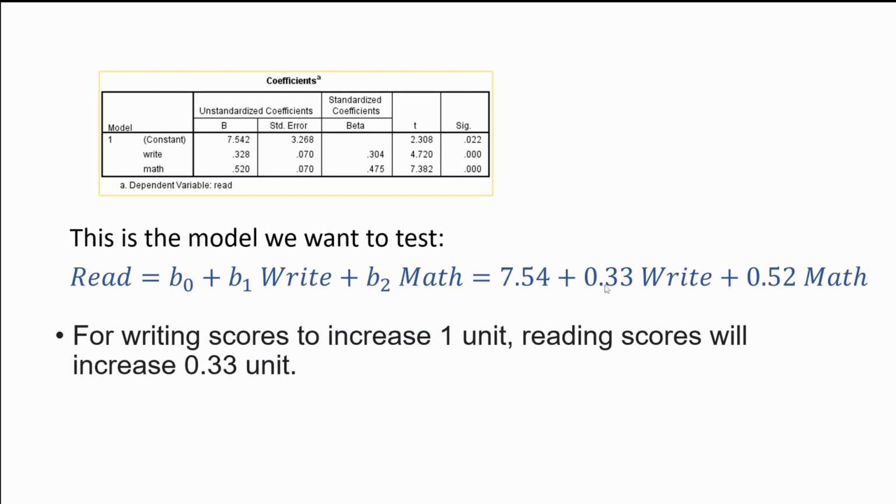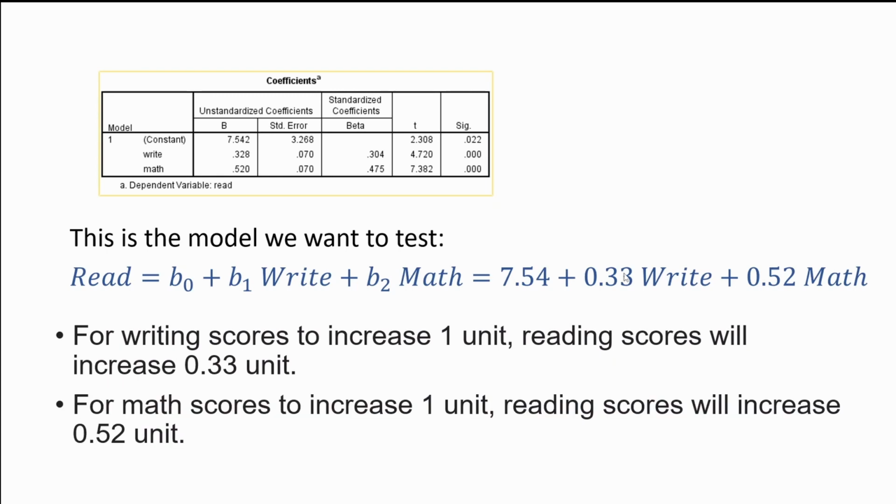So for this 0.33, it means that when the writing score increases 1 unit, the reading score will increase 0.33. Similarly, when the math score increases 1 unit, the reading score will increase 0.52 units. So that's basically the idea about the meaning of regression coefficients.